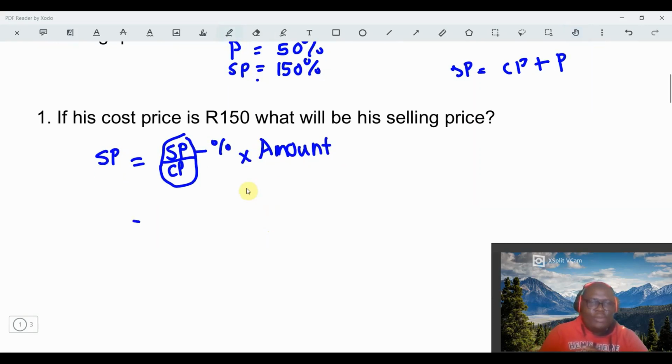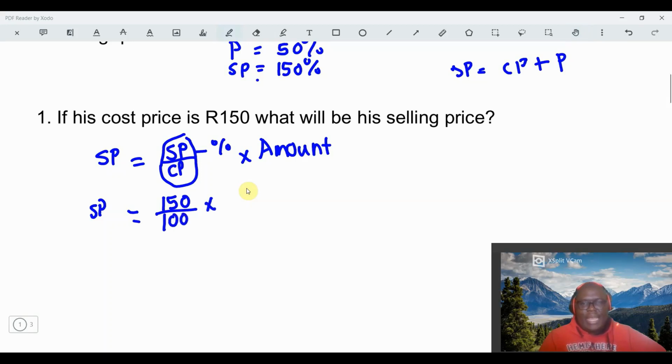And then from there, we are going to substitute whatever we have. So for now, we know that his selling price is what we're looking for. So selling price will be equal to the selling price percentage, it's 150. I'm not going to write the percent sign, I'm just going to write 150. So we're going to have 150 over, remember his cost price is 100%, so it's going to be 150 over 100.